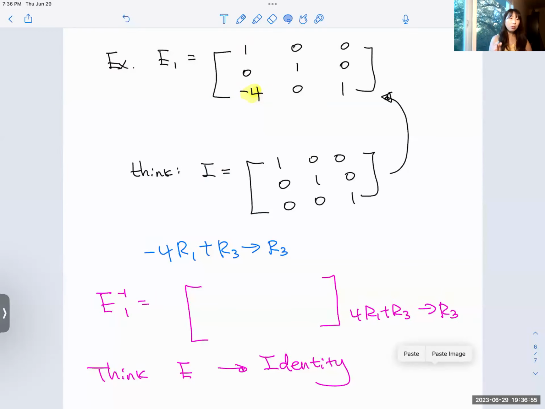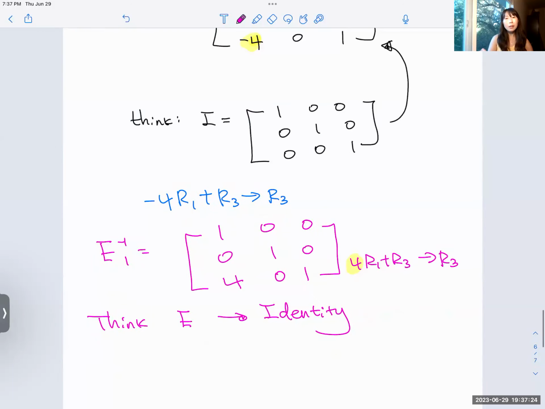Then look, we are going to use 4 here. So look, 1 0 0, 0 1 0, 4 0 1. Okay. All right.